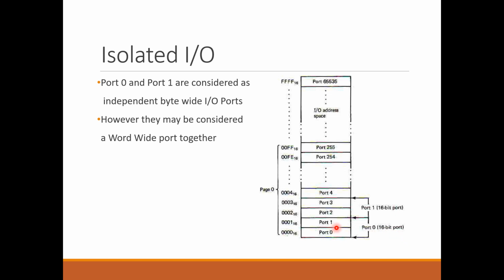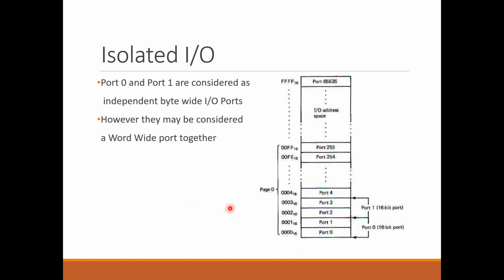So port 0 and 1 can be used as port 0 as a 16-bit port. Whenever you are using a word wide port, port 0 is going to be used, concatenated with port 1, so 16 bits of data can be transferred.